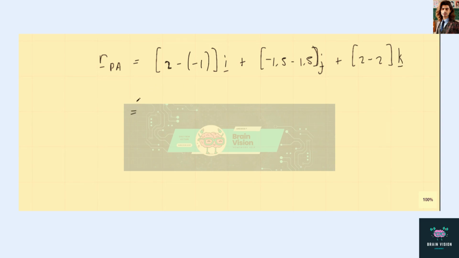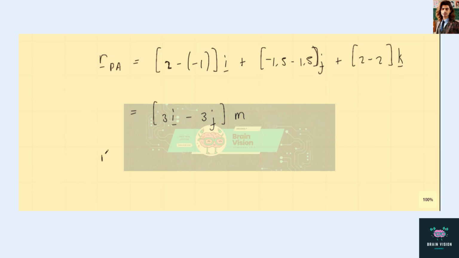And so the position vector r_PA between A and P is equal to 3i minus 3j, and that's in the unit meters.